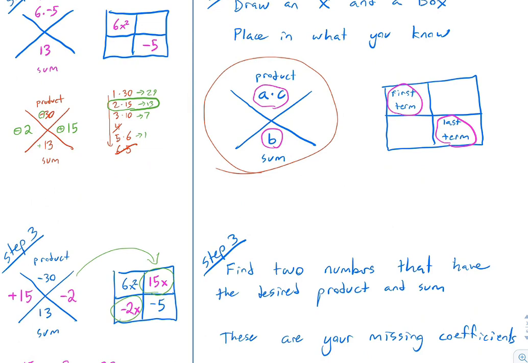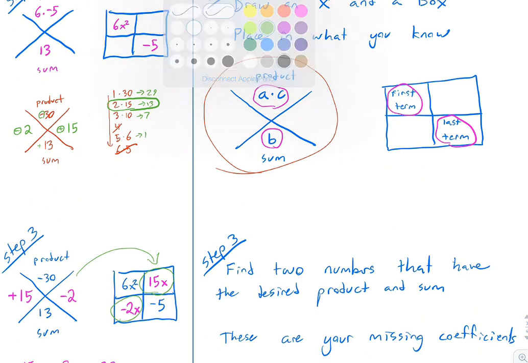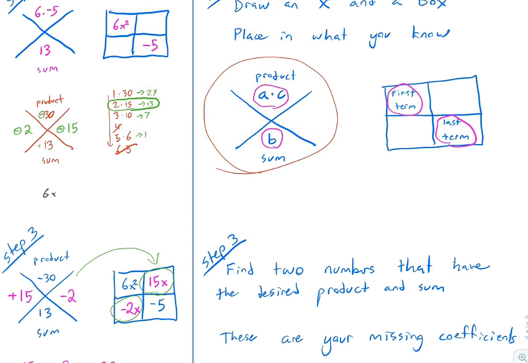So we just took the original equation of 6x squared plus 13x minus 5, and we split it up to say it actually started as +15x minus 2x minus 5. Okay, that's what that goal of the x is. We're looking for those two numbers that combine to make the 13x middle term.